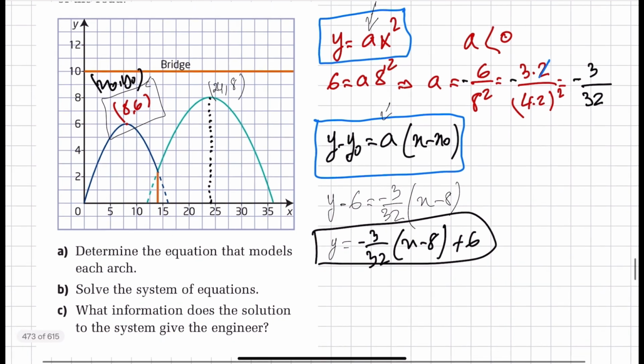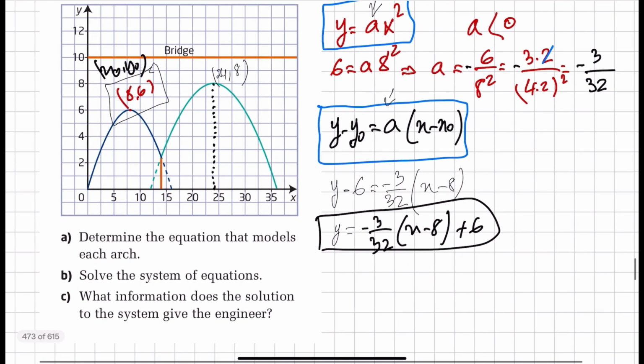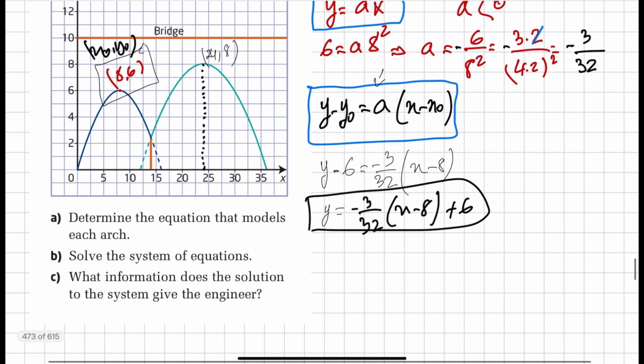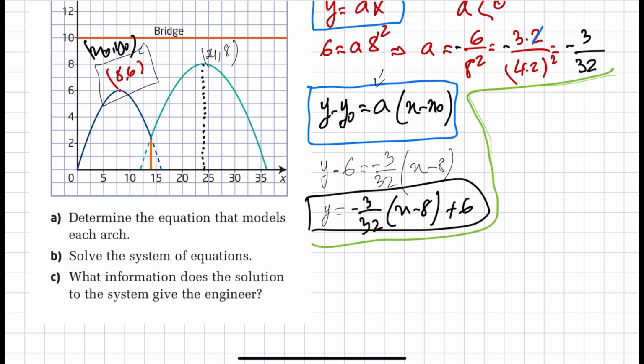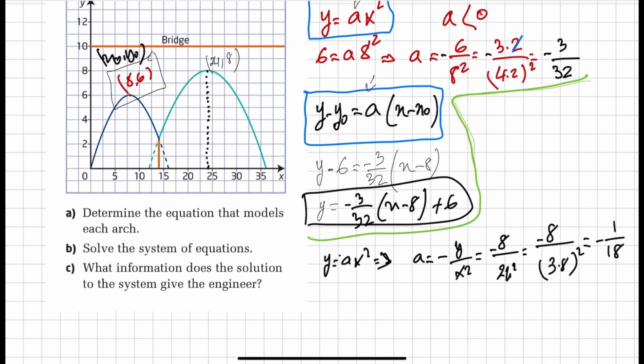So I have my point (24, 8). I will do the same thing as we did before. Let me draw a line to separate these two. This is the other equation for the other parabola. Same thing, I will find my a. So my a is minus 1 over 18. I will write my equation directly.